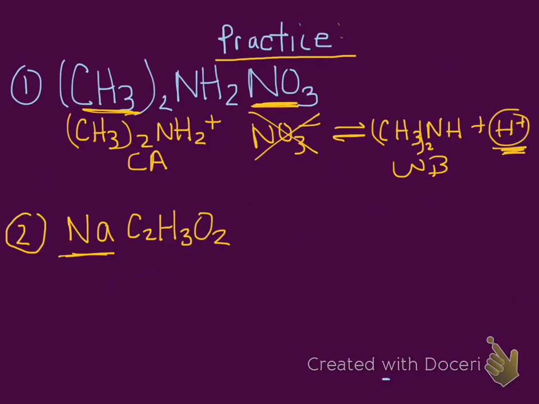So your pH will be below 7 when you dissolve this salt. Okay, so again, we would classify this because it contains a conjugate acid.